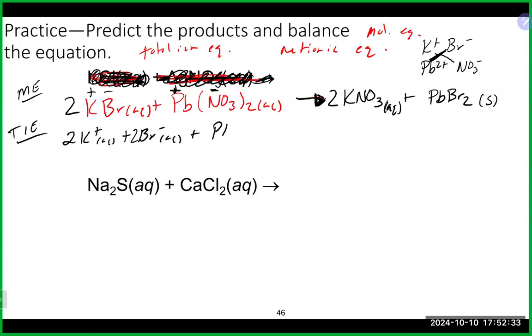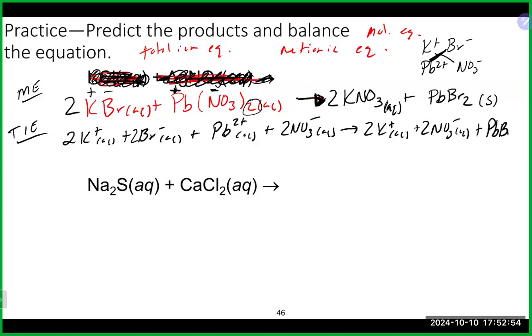We will get one lead with a +2 charge. The 2 for the nitrate will come to the front and give us two nitrate ions, which is basically what the 2 means. On the other side, we will have two potassium ions and also two nitrate ions. And obviously here our solid will stay together.